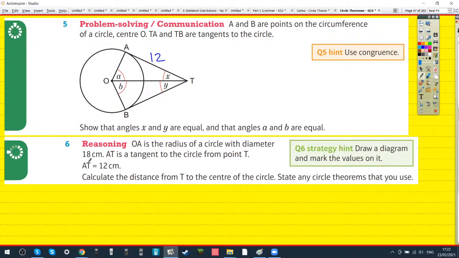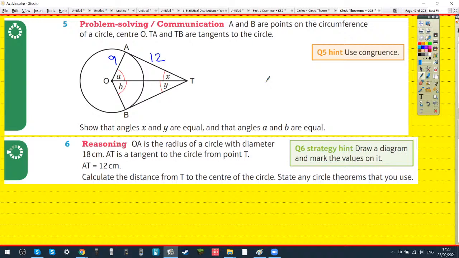So if the diameter is 18, the length of the radius... Radius is half a diameter. It's 9 centimeters. Yeah, so the radius is 9.